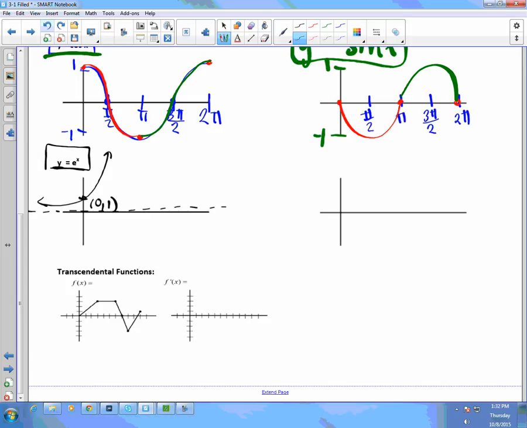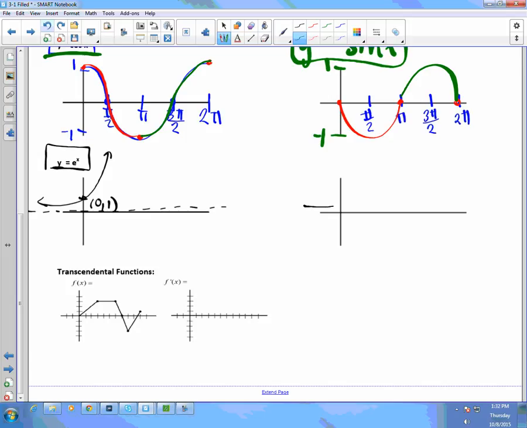Alright, are there any maxes or mins on the exponential graph? No. So that means that we do not have what on our derivative's graph? No x-intercepts. Is this function increasing or decreasing the whole time? Increasing. So where's the graph going to have to be for the derivative? Positive. That's above the x-axis and it never crosses the x-axis.